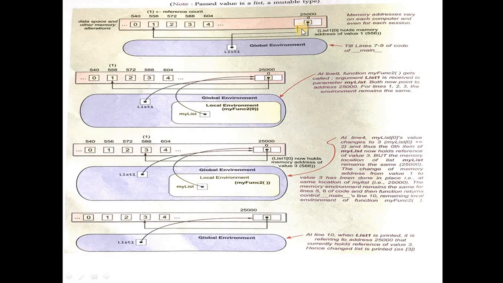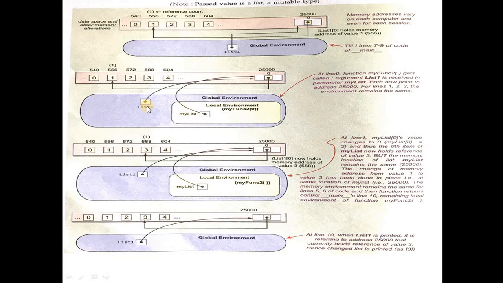Another memory location is created which is pointing to 1. It's the first index because we have only one index, one value, and that will be pointing to 1, because we have written list 1 is equal to 1, one element. So that is pointing to 1.